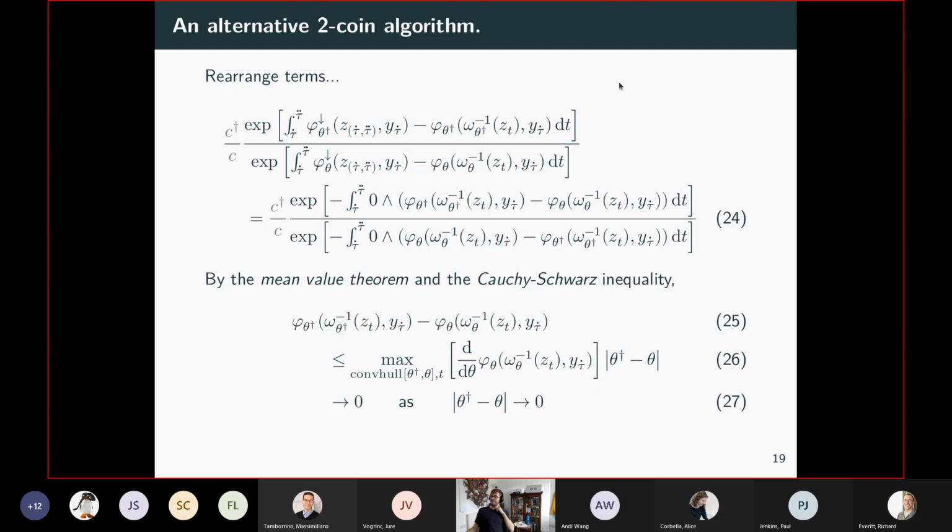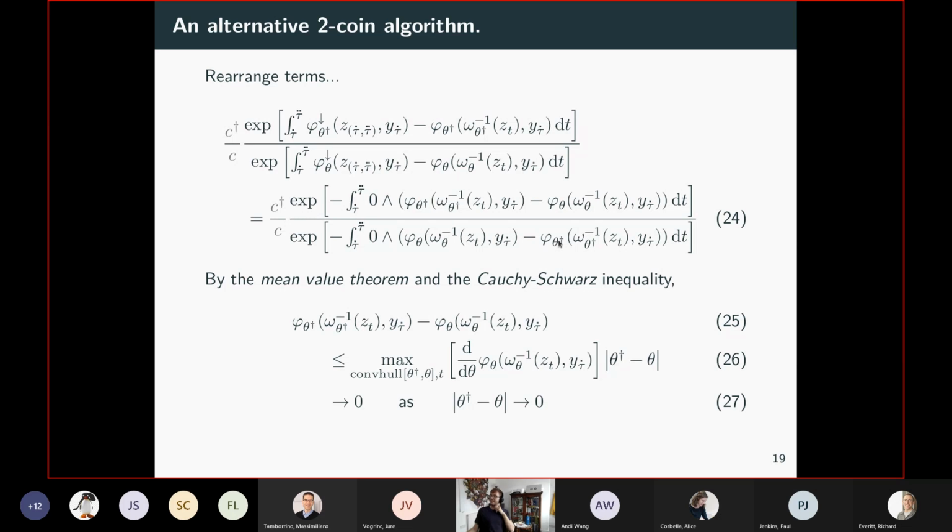And well, after doing that, we end up with the right-hand side in equation 24, which is an entirely different path integrand, but we still have the exact same acceptance odds. And it's worth looking at the path integrand a bit more carefully.